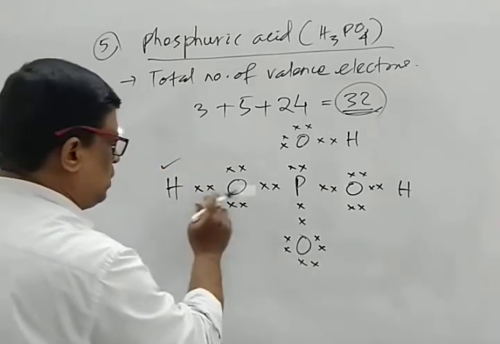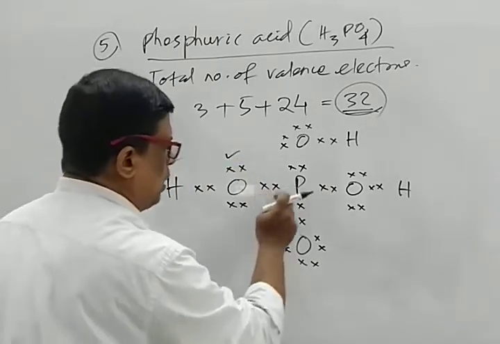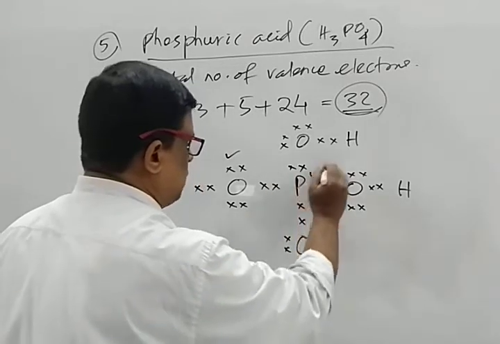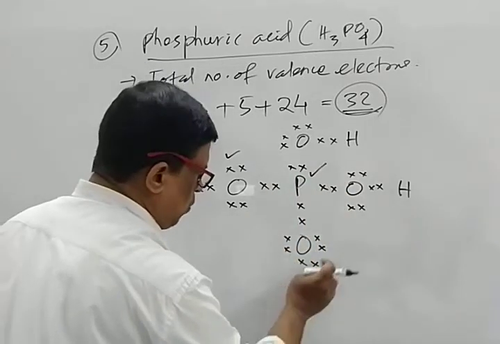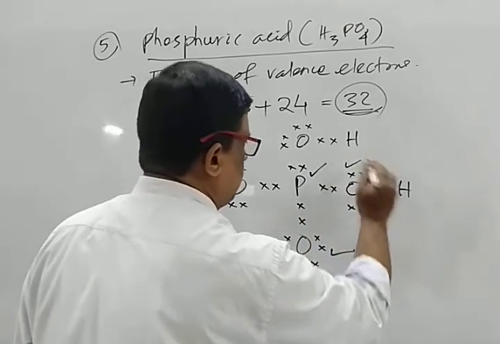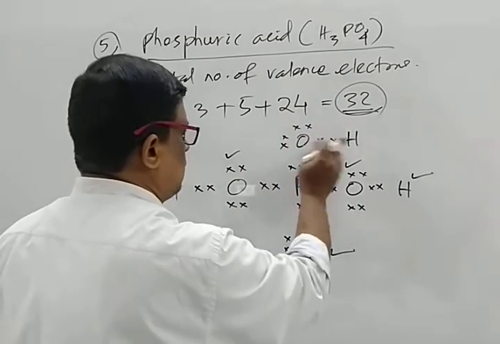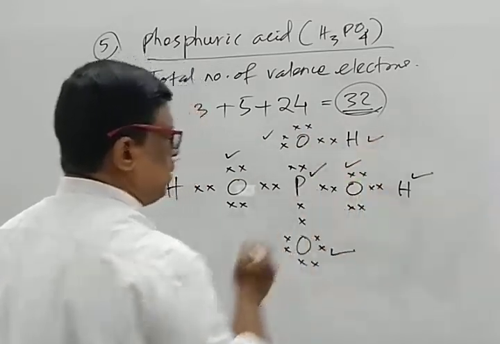Hydrogen duplet, oxygen 1 to 8, satisfied. Phosphorus 1 to 8, satisfied. Oxygen 1 to 8, satisfied. Hydrogen 1, 2, satisfied. Oxygen 1 to 8, satisfied. Hydrogen, satisfied.